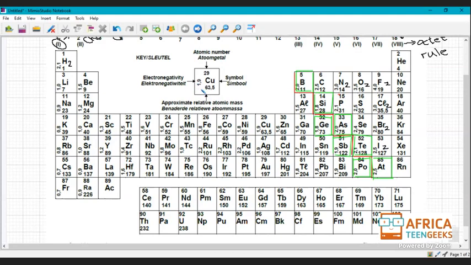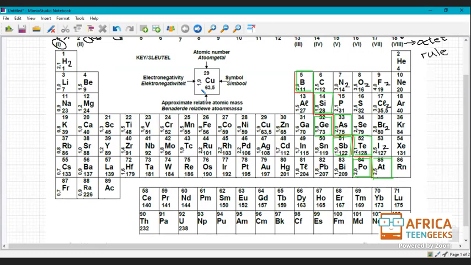The definition of electronegativity, I did give this to you before, is how strongly an atom pulls other electrons towards it. I'm going to say that again.